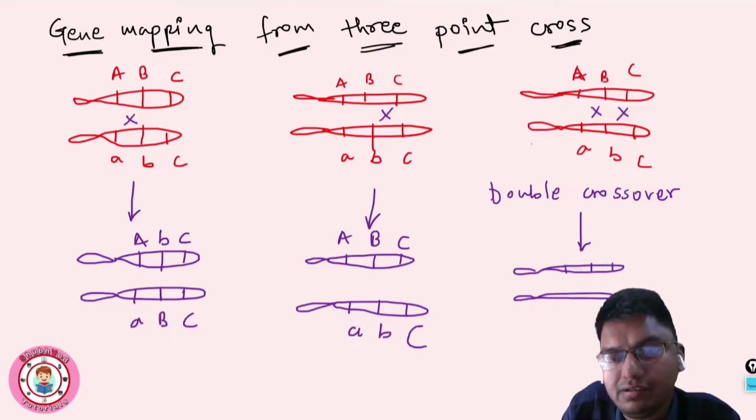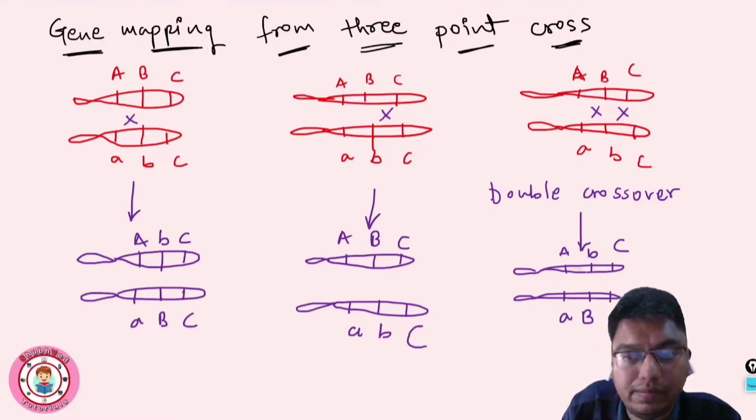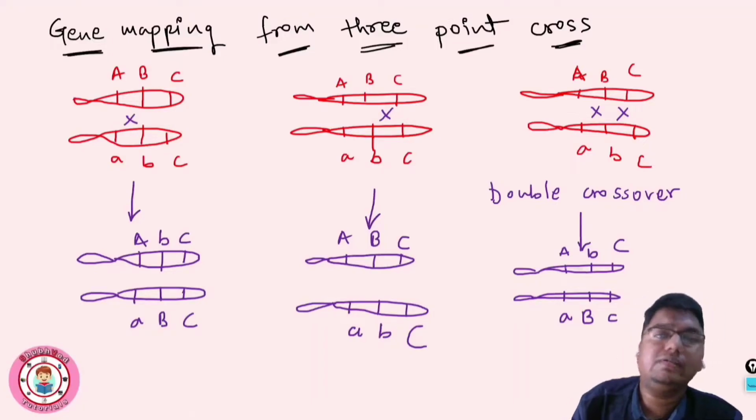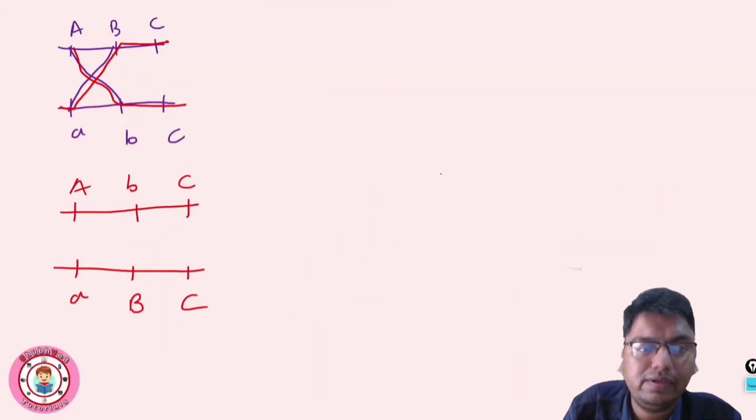Only the middle one changes. I will show you clearly: capital A, small b, and capital C, small a, capital B, small c. Now you will see how this occurred here.